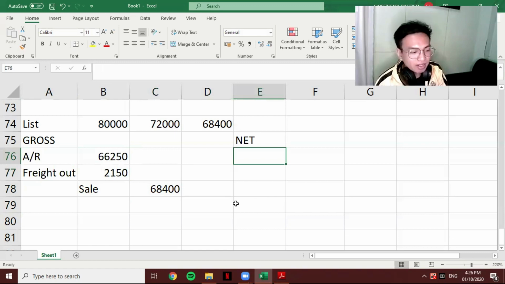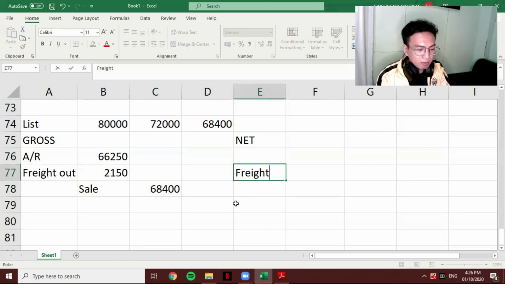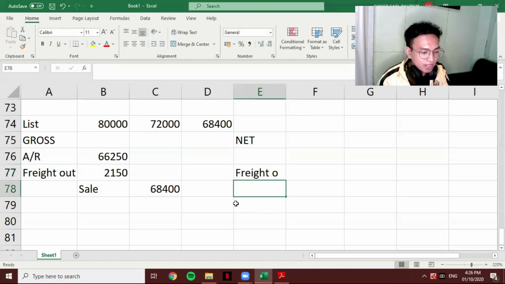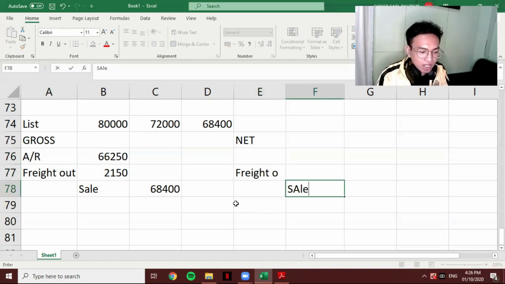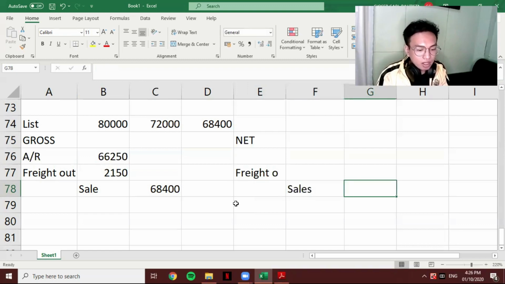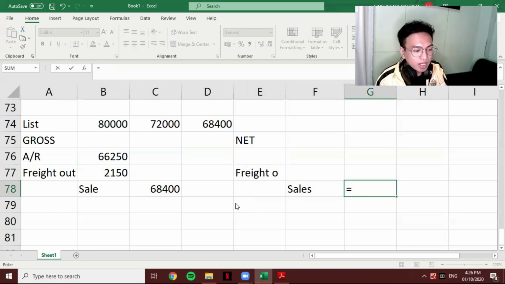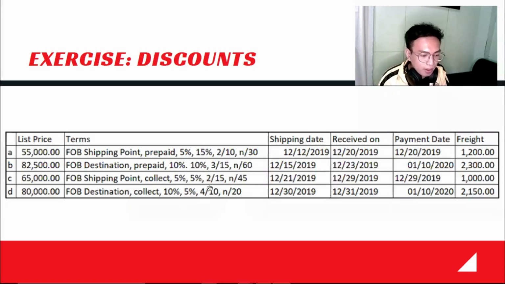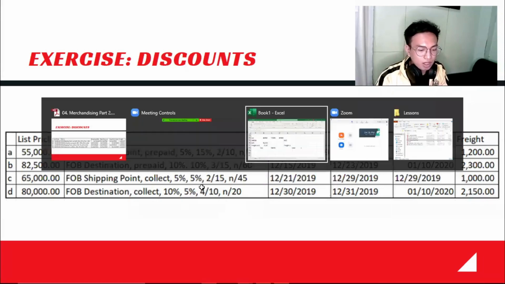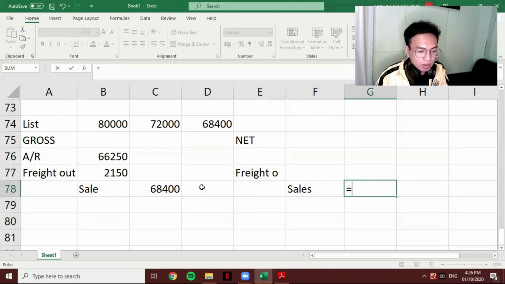Net method naman, we have freight out pa rin, yan magbabago. And sale. Sale ang magbabago dahil we assume that the sale will have the further cash discount amounting to 4%. This is sale minus 0.4.